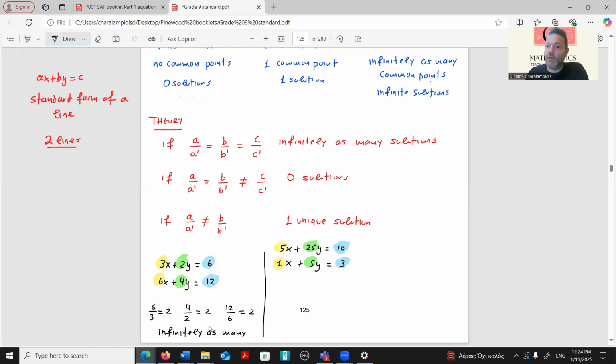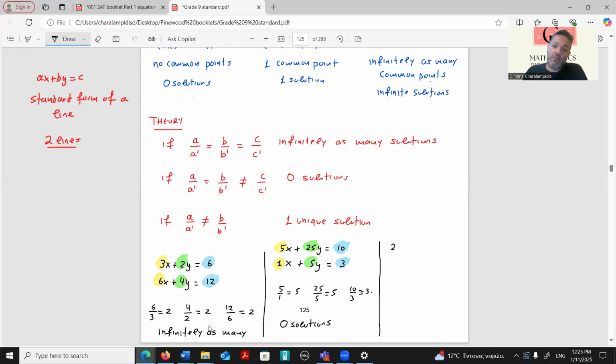Theoretically, here there should be 1. 5 over 1 is 5. 25 over 5 is 5. 10 over 3 is 3 point something. The ratios of the coefficients of x and y ended up to the same number, which is a number different than the ratio between the constants. So, based on the above theory, we know that here there should be 0 solutions.